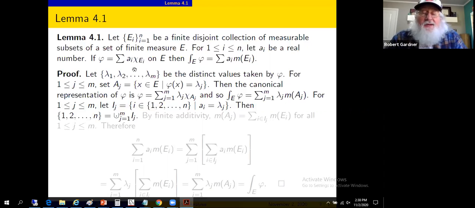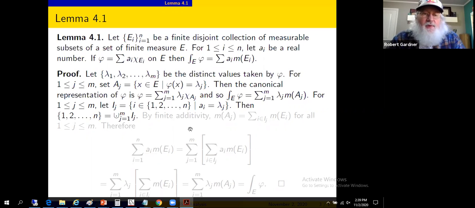I don't know, maybe these a sub i's here, maybe for every odd value of the index, these equal lambda sub 1, for all I know. Okay, then I sub j would consist of all odd indices i. Maybe a1, a3, and so forth. They all equal, say, lambda sub 1. That's allowable here.